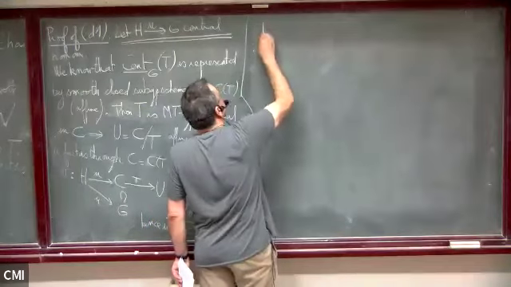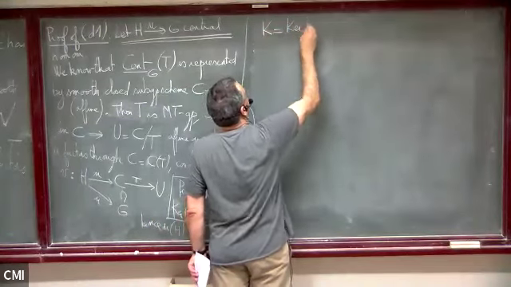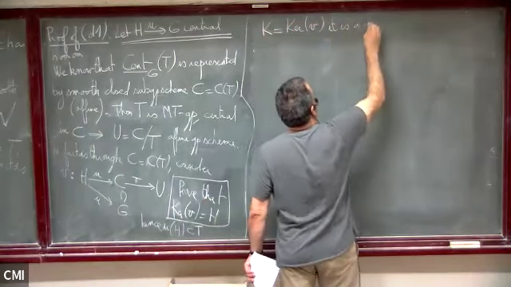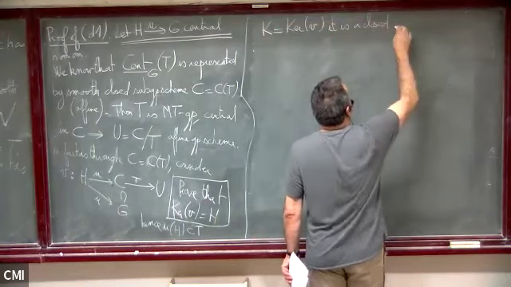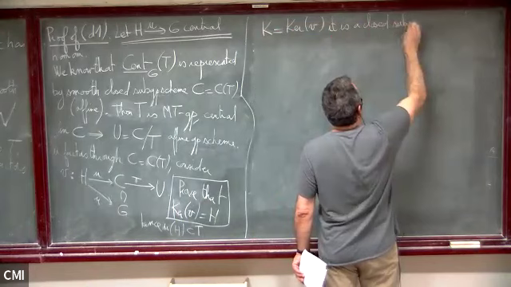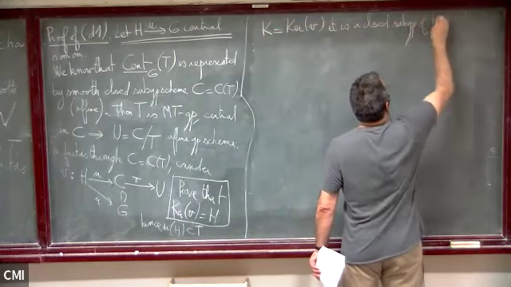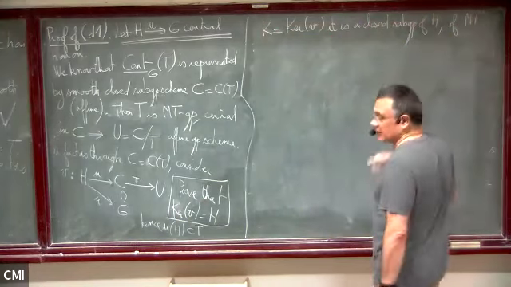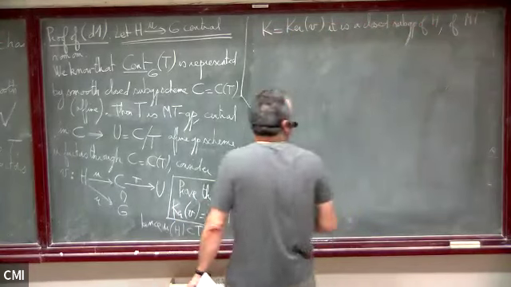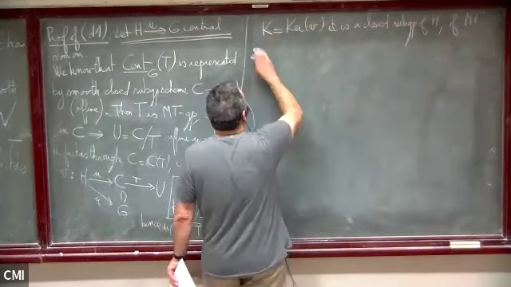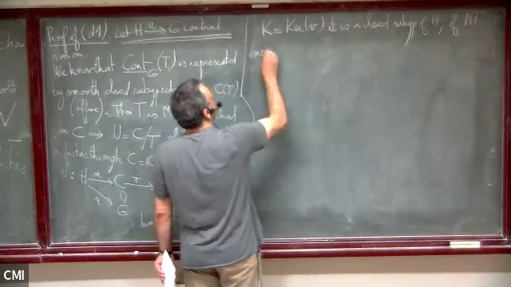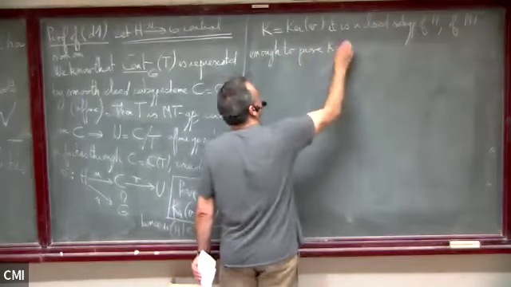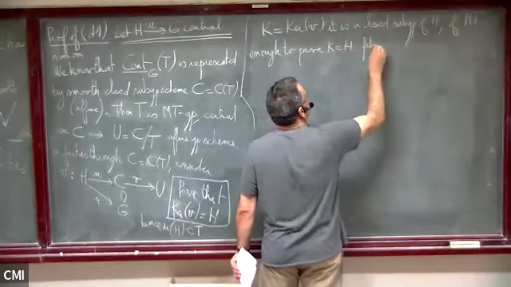But if we denote by K the kernel of V, it is a closed subgroup of H, and as such it is also a subgroup of multiplicative type, and it's enough to prove that K is equal to H fiberwise.